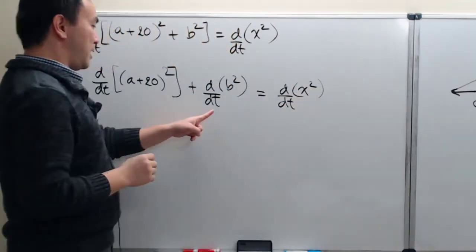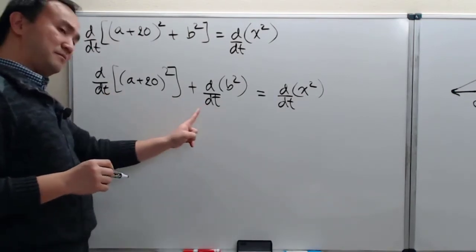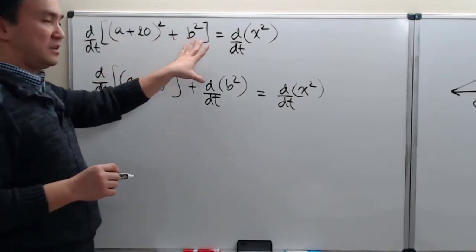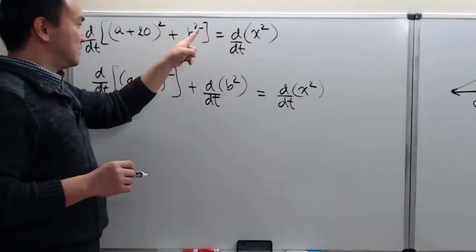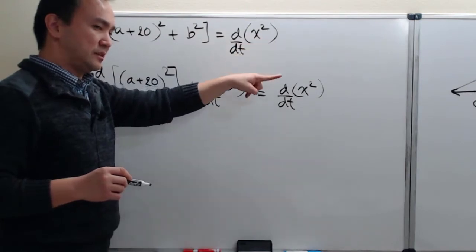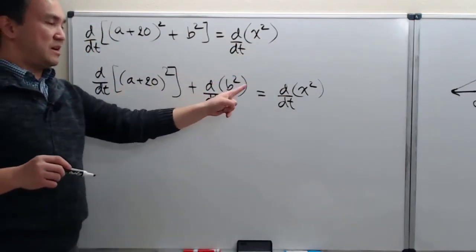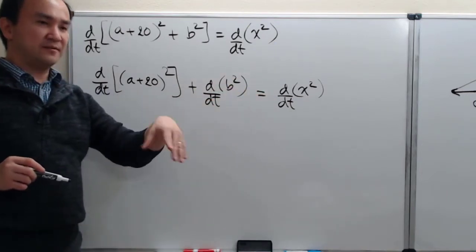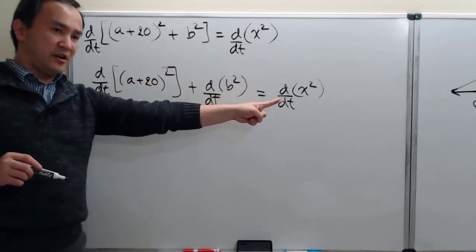But now keep in mind, t is nowhere found among the equations. That means any of our current variables is a function of t. Okay, so any of these a, b, and x, they're all functions of t. And so, in other words, they're all implicit functions of t.